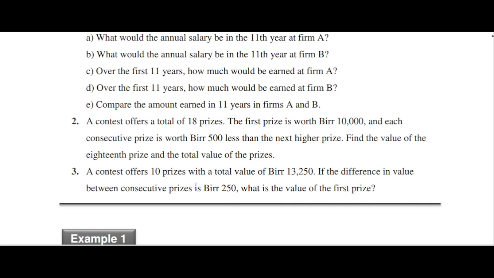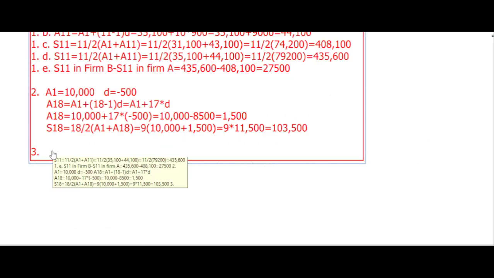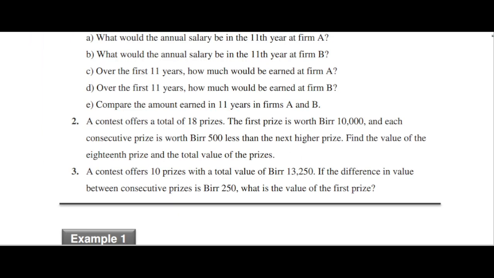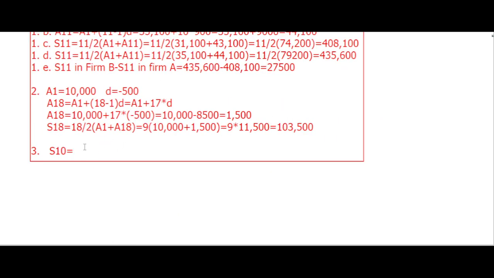If the difference in value between consecutive prizes is 250, so our common difference will be minus 250. So here the given thing is: S10 is equal to 13,250.